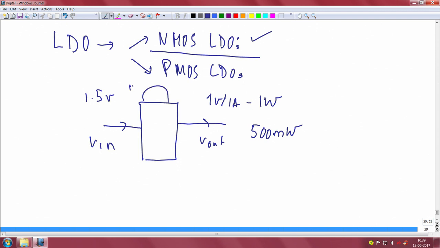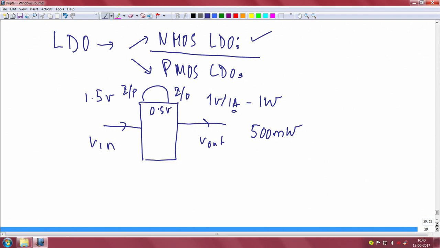Between input, let me show input this way, IP and IO, you are dropping only 0.5 volts, and the current that is being drawn continues to be 1 amp. So, it is about 500 milliwatts. That is typical of an NMOS LDO that you can buy in the market.